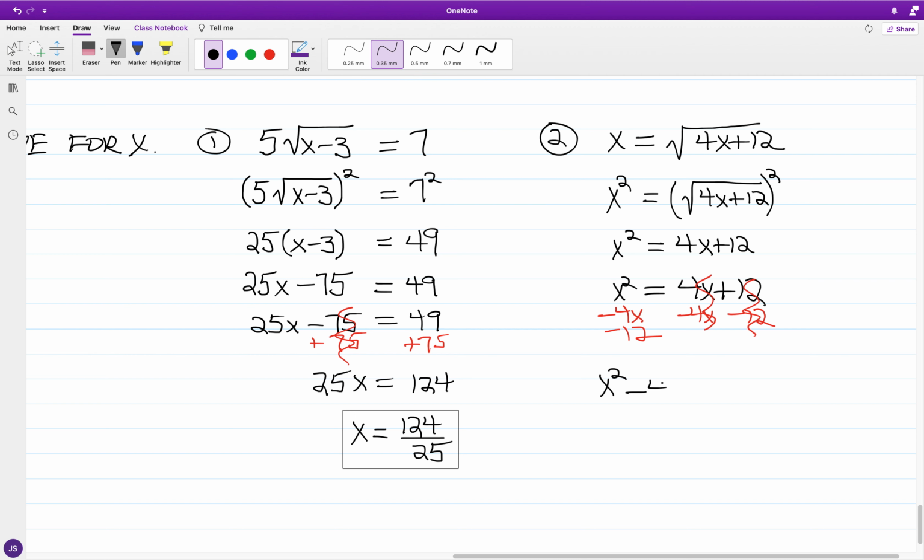So we have x squared minus 4x minus 12 is equal to 0.